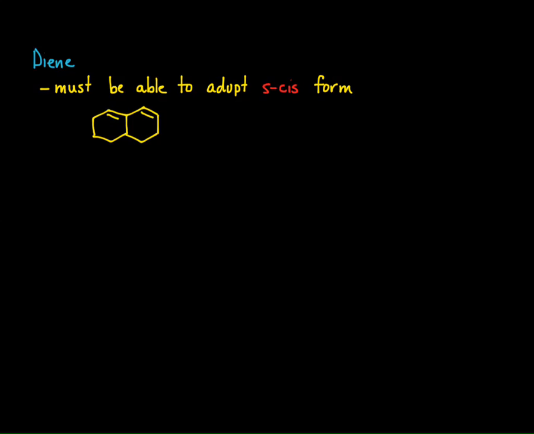And if it can't, in this particular example, notice because of the rings, those rings are going to really inhibit rotation, and therefore this particular conjugated diene has to stay in the S-trans formation, and therefore this type of diene is very unreactive toward Diels-Alder reactions.